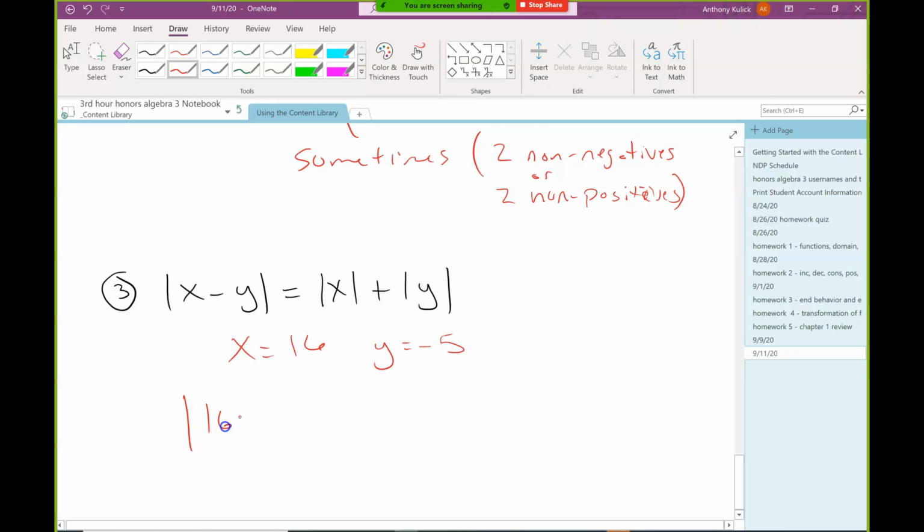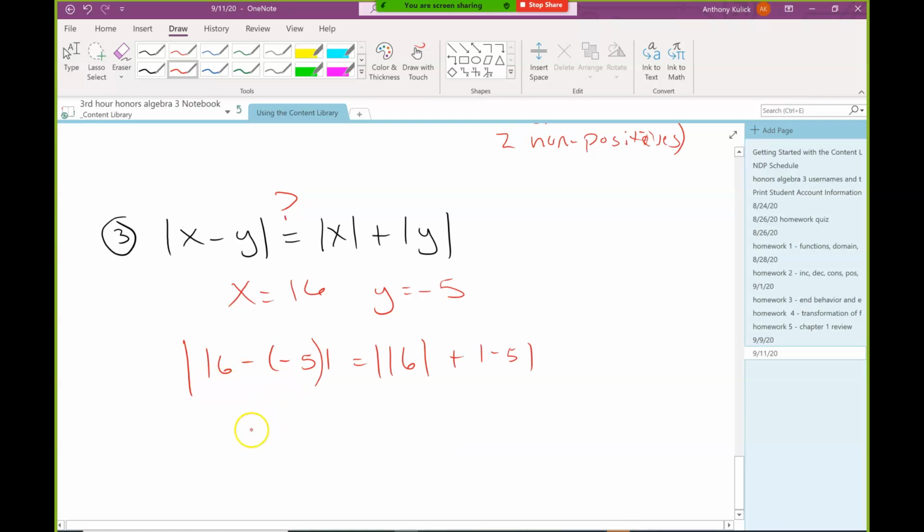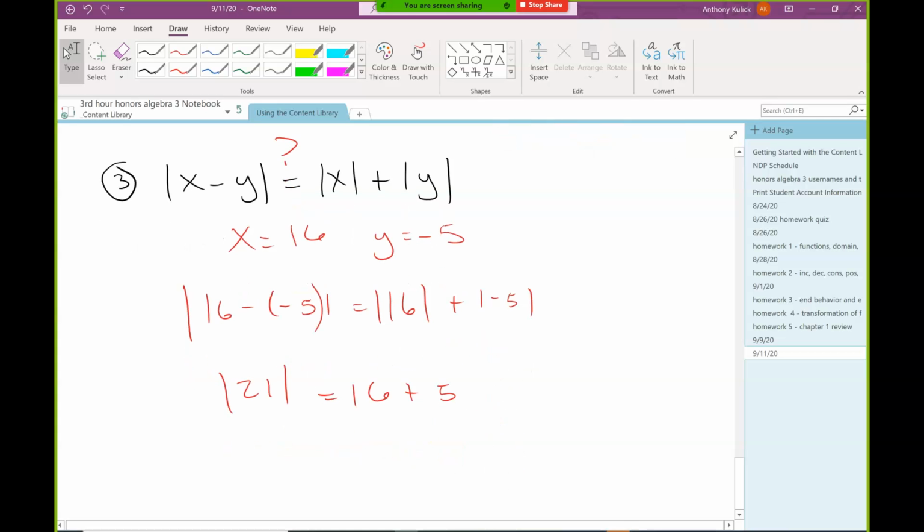Okay. Got to write the question mark. 16 minus a -5 is 21. So that's 16 plus -5 is 21 equals 21. So there it worked. Okay.